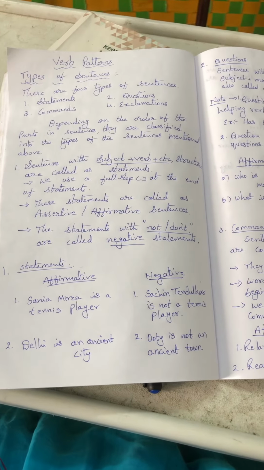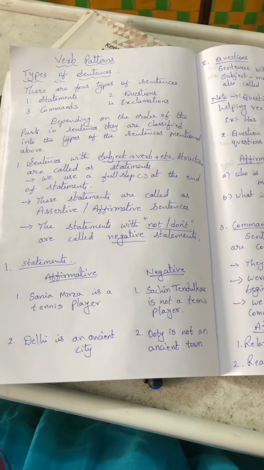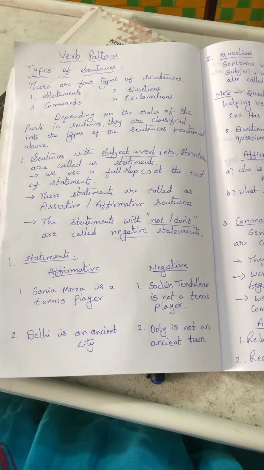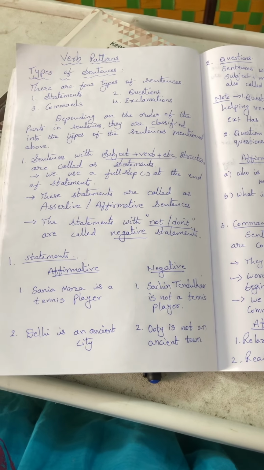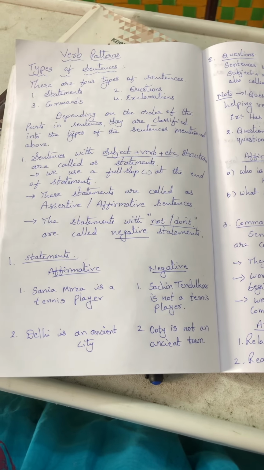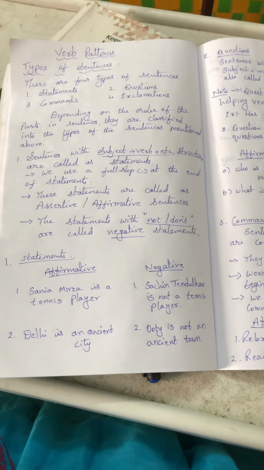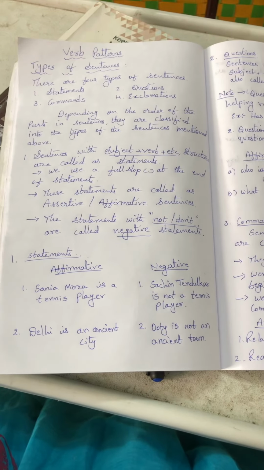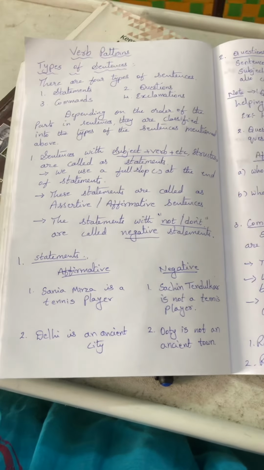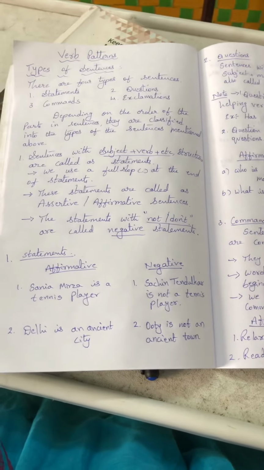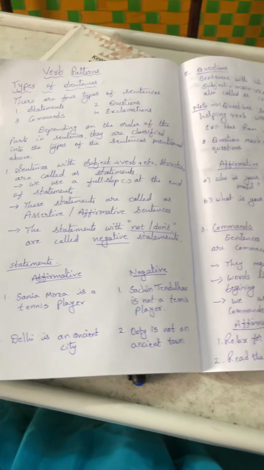Depending on the order of the parts in sentences, they are classified into four types like statements, questions, commands, and exclamations. The way we express our feelings or our message to convey to the others, we use sentences.